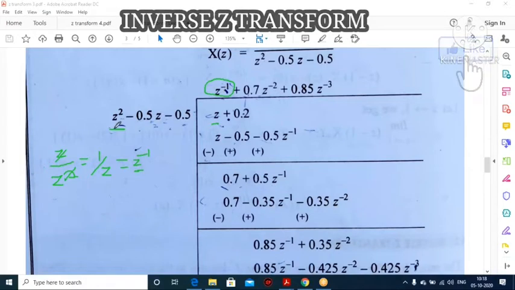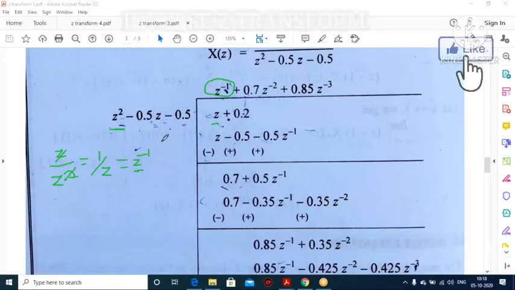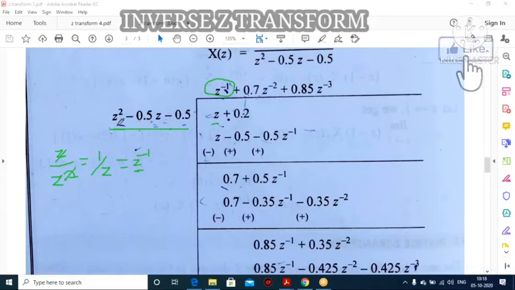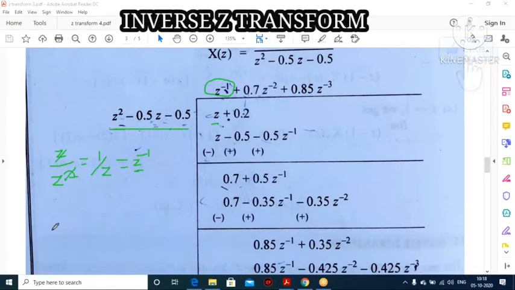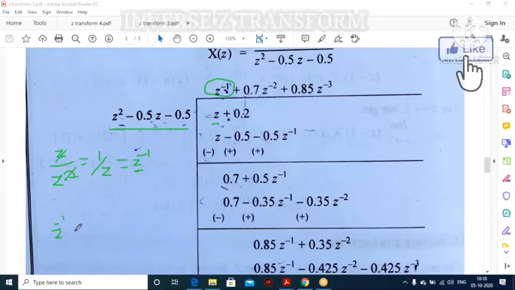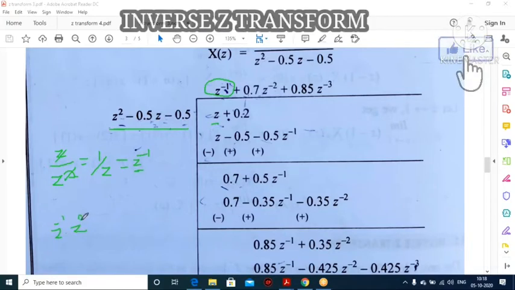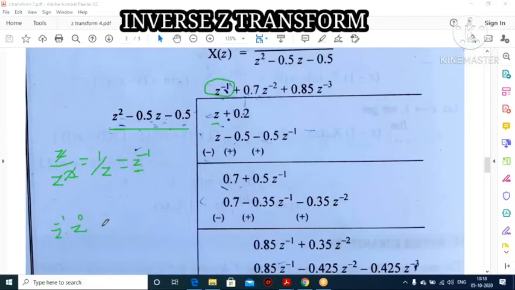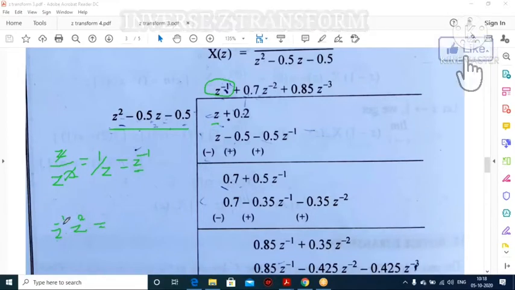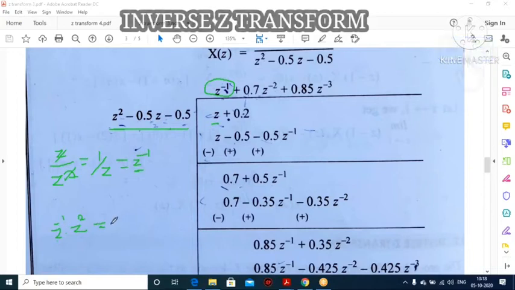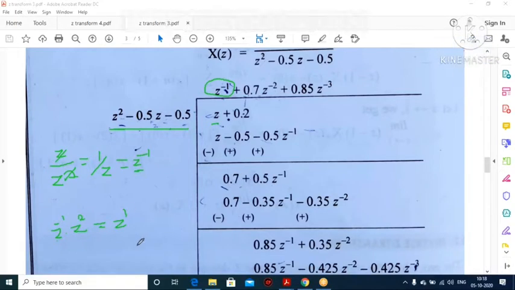Right. This z inverse is multiplied with all these terms. So z inverse into z square is z power minus 1 into z square. So it means the exponent term. Here the factor is equal, no? So in z domain, this is also z. But look at the exponent term, so now it should be added. This is the rule. So 2 minus 1, it became 1.